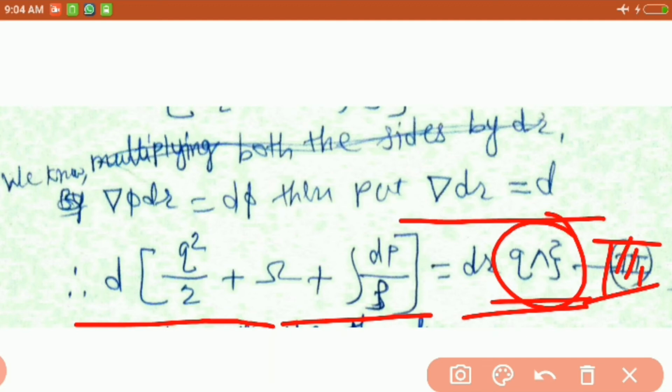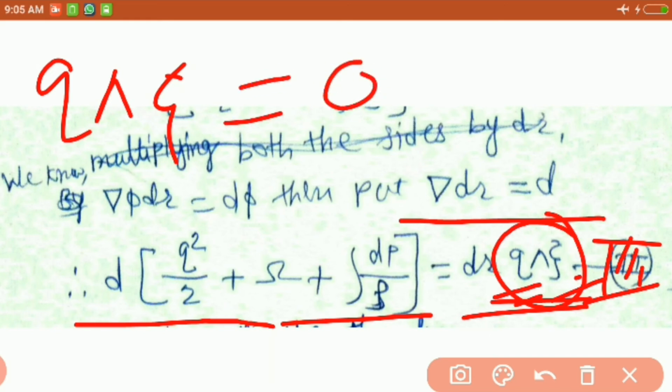If q × ζ is 0, that means q and ζ are parallel, that is, when streamlines and vortex lines coincide. For such motion, q is termed a Beltrami vector.